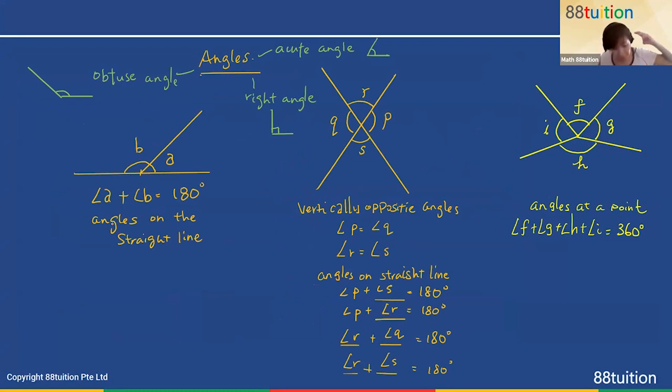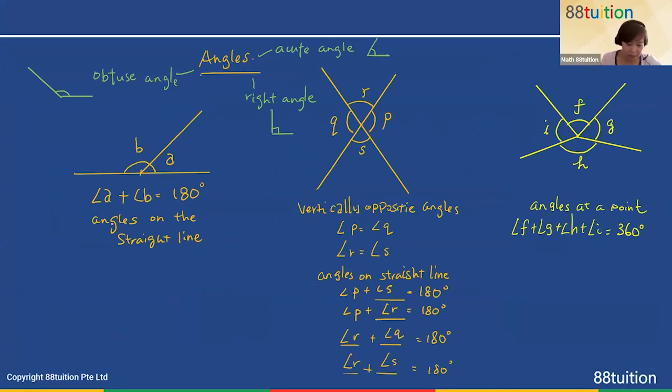By now, you should know. Acute angles are angles that are less than 90. A right angle is exactly 90, forming a right angle at the corner. An obtuse angle is greater than 90 but smaller than 180.